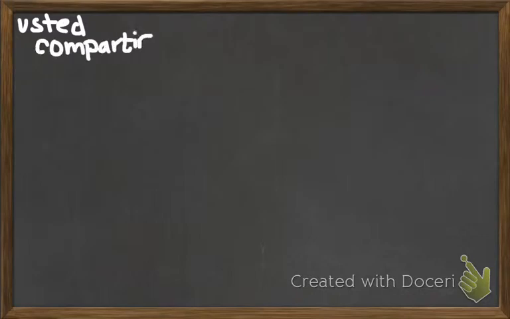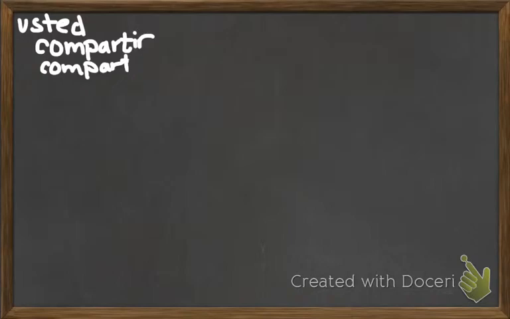So if we take usted, okay, and let's take a verb like compartir. Forma de yo is comparto, minus the o is compart. Más vocal opuesta, it's an a.